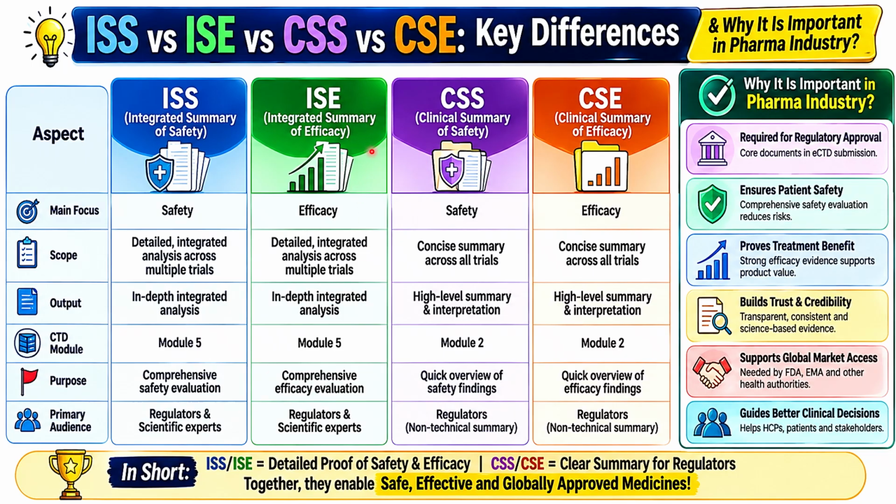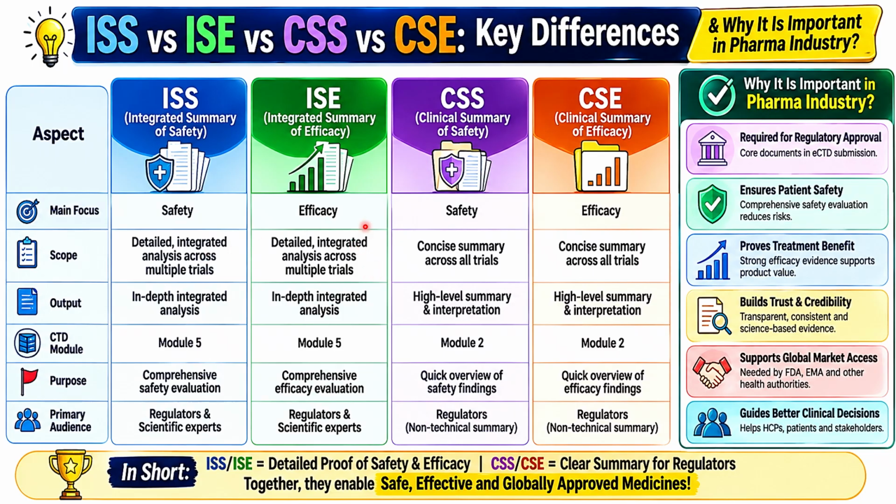Now, ISE is integrated summary of efficacy. Main focus is related to efficacy parameters. Scope is detailed, integrated analysis across multiple studies. Integration is nothing but combination, like combining multiple trials. The same explanation which I gave for ISS applies to ISE, only the domain changes from safety to efficacy.